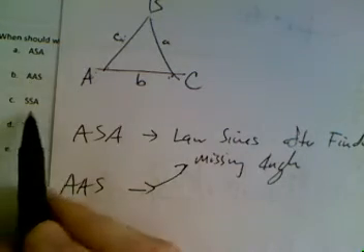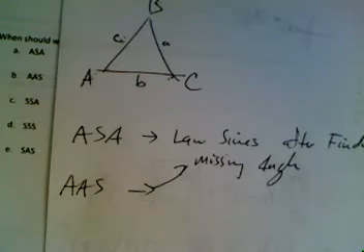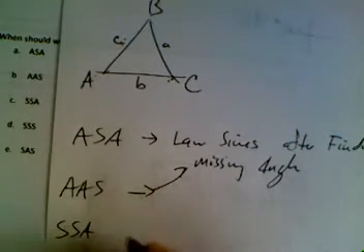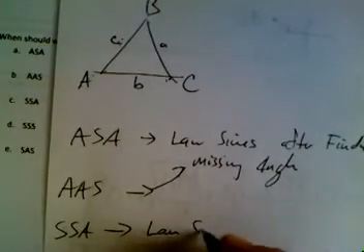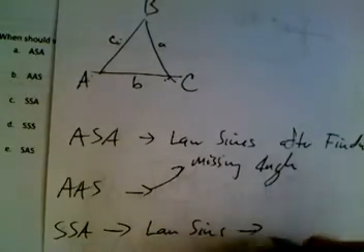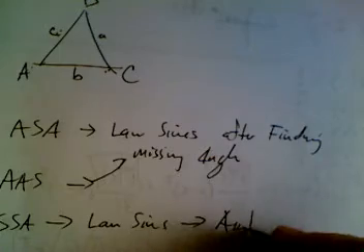Side, side, angle. Remember, if this is spelled backwards, it's a problem. And the problem, remember from law of sines, is the ambiguous case. So SSA is law of sines, and we're going to highlight that this is the ambiguous case.